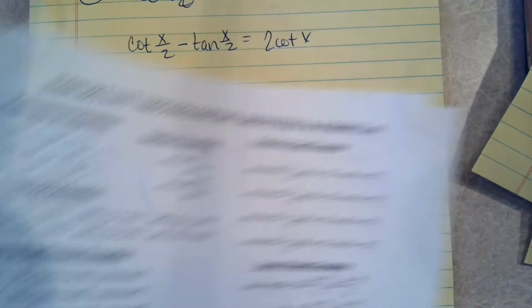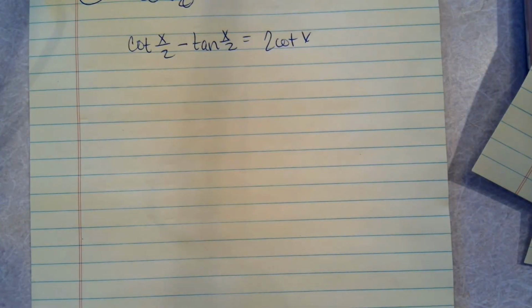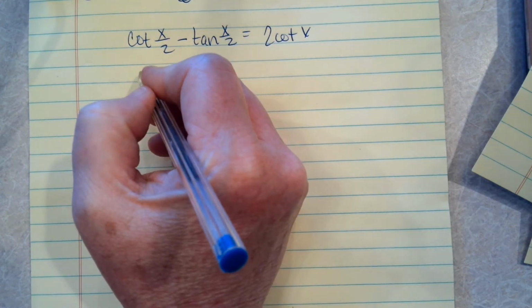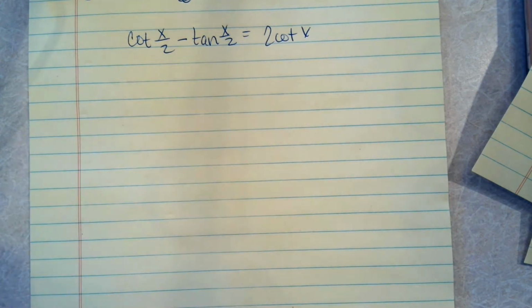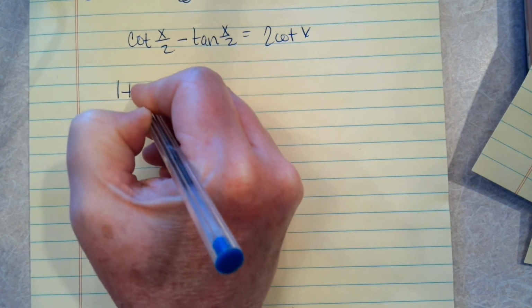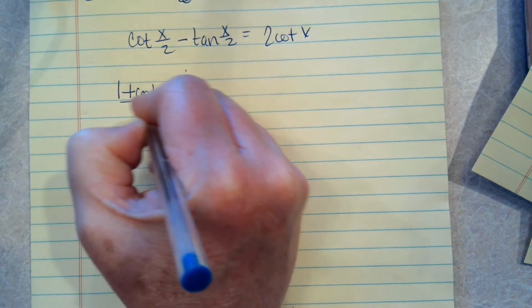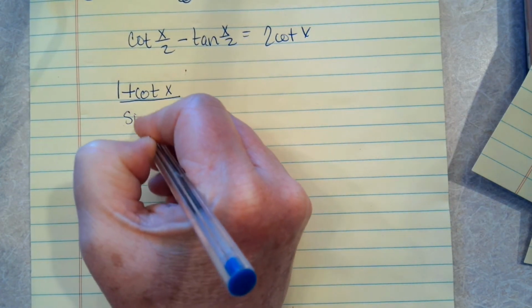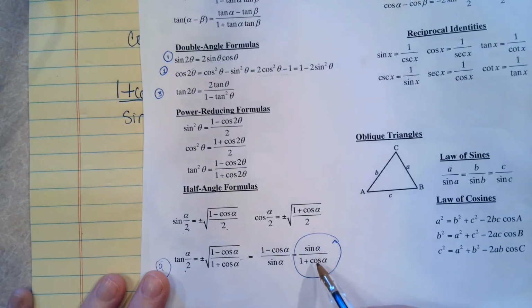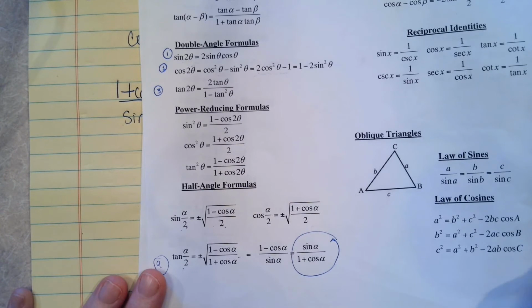So I'm going to take this one, 1 plus cosine x over sine x, minus, now I'm going to switch over. I flip that for cotangent. I'm going to use this one as is because I'm replacing the tangent with it.